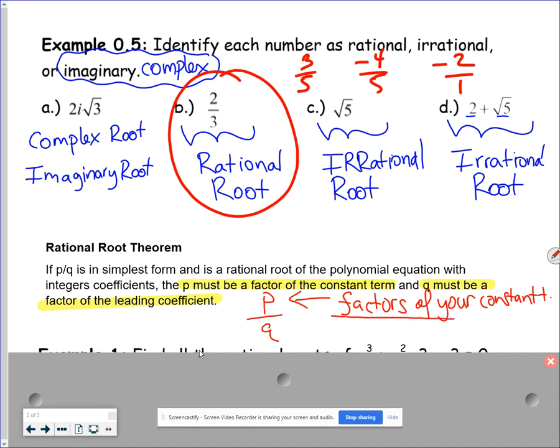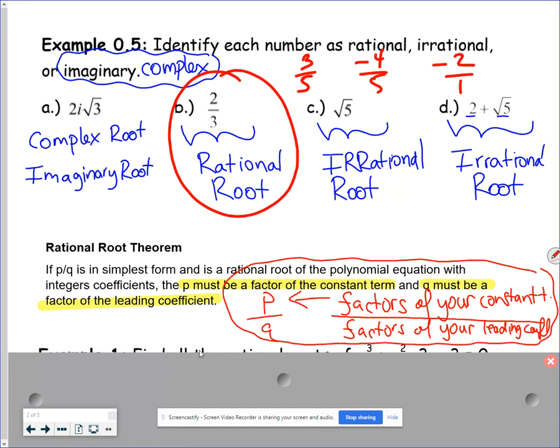And then Q will be factors of your leading coefficient. This is what you want to remember. This is basically what this theorem says.